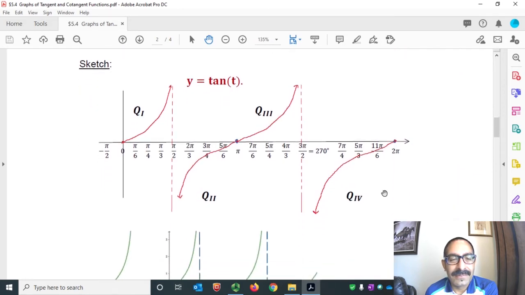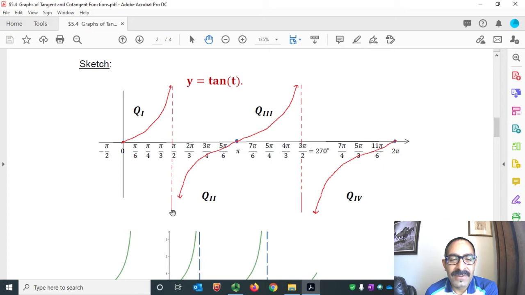So here, let me talk first about the first quadrant from 0 to pi half. The tangent function has 0 at 0 and is undefined at pi half and is increasing here. Similarly, in the second quadrant, from pi half to pi, it's increasing again.